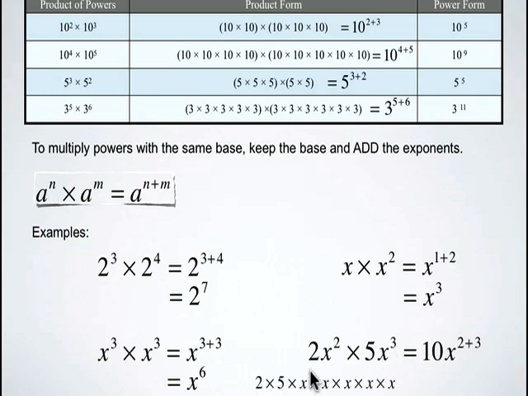And in expanded form, we would see that this is 2 times 5, x times x, x times x times x. So I have 2 times 5 to give me 10. Add the exponents together, 2 and 3, and I had a total of 5 x's. So the answer is 10x to the 5th.